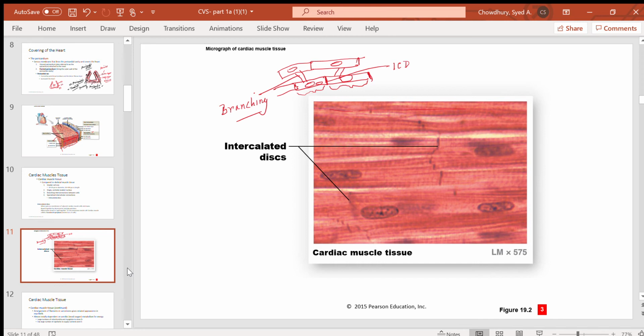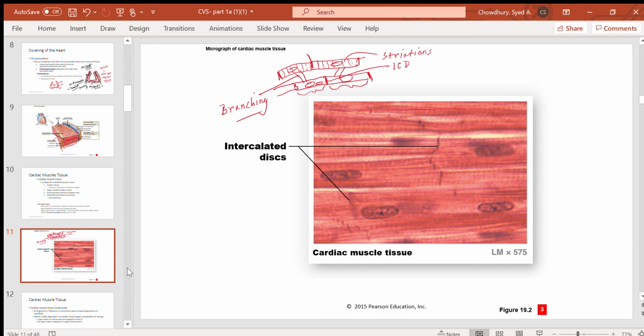Also inside the fiber you'll see thin lines, not thick lines; the thick ones are the intercalated discs between the fibers. Inside the fiber you'll see thin striations or lines. If you see these structures under the microscope, this is the cardiac muscle tissue.